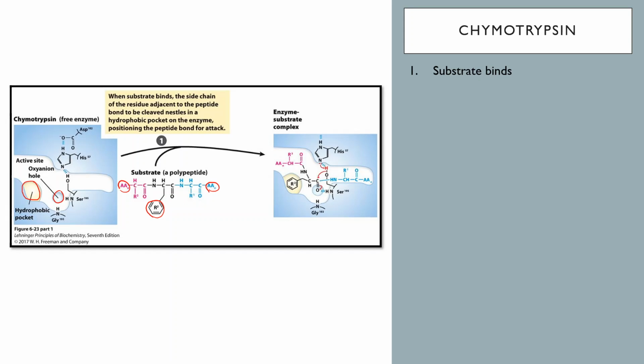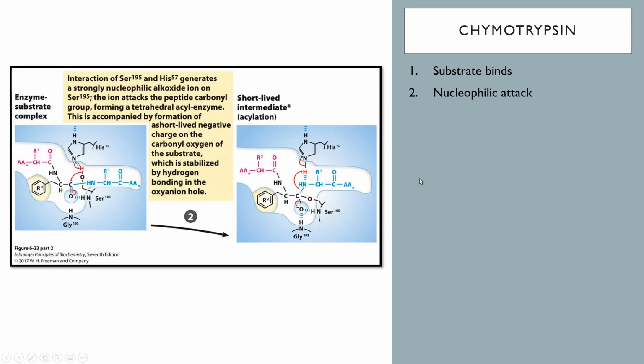And it fits in this way, with the aromatic amino acid residue here, the carboxy terminal of the amino acid facing this way, and the amino terminal facing this way, and then the carbonyl oxygen of that aromatic amino acid fits right there into that oxyanion hole, and it gets stabilized by those other amino acids surrounding it.